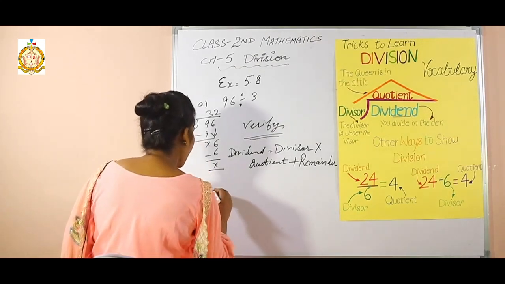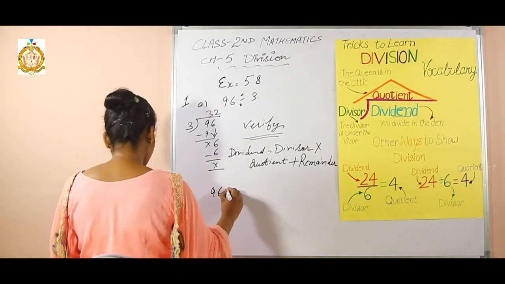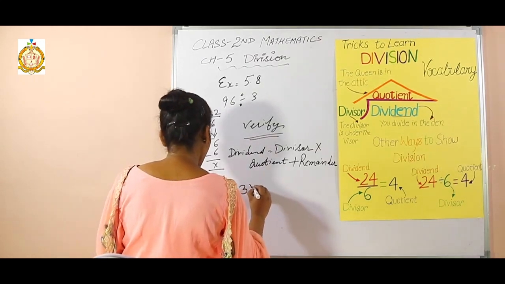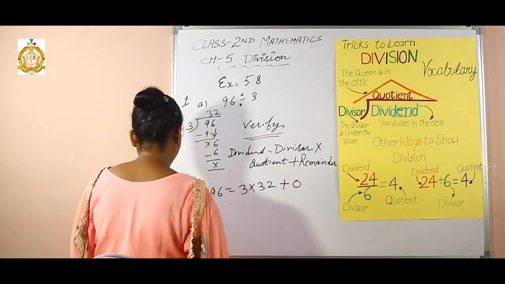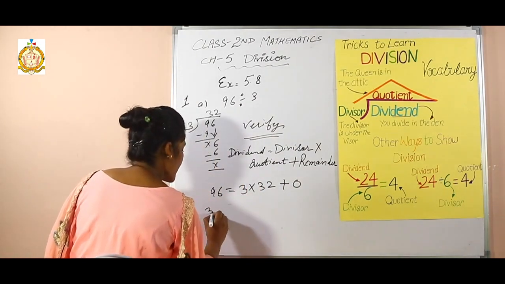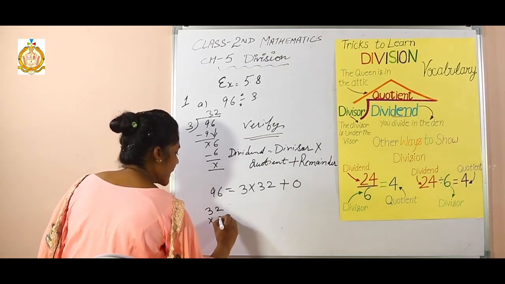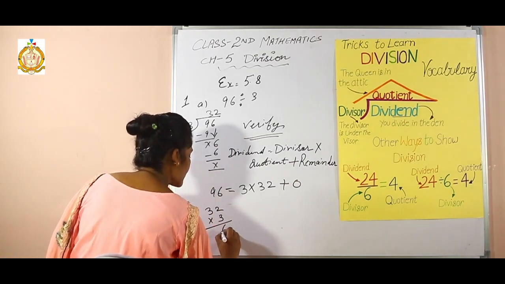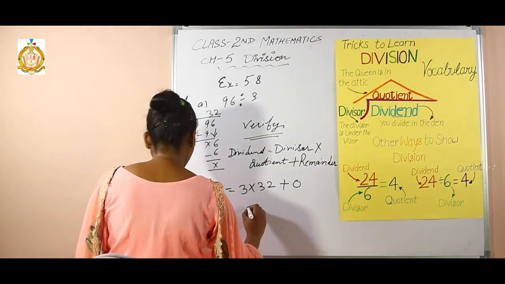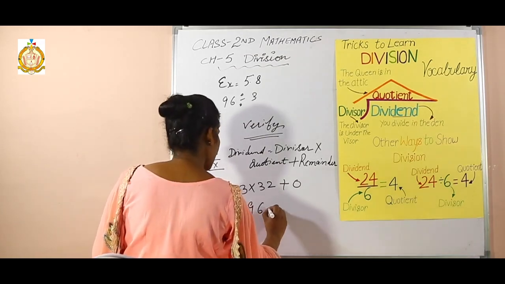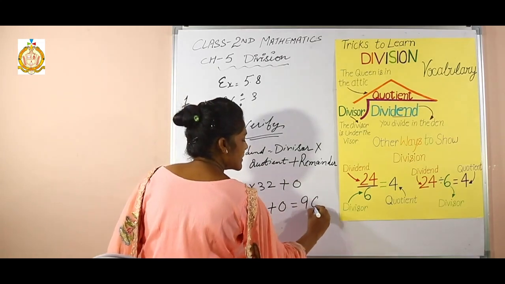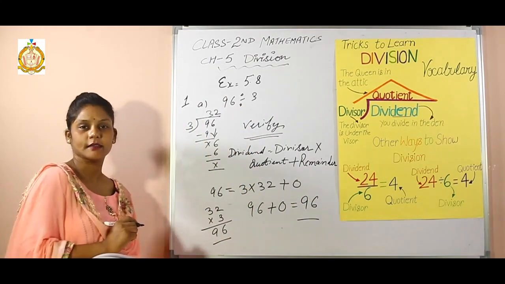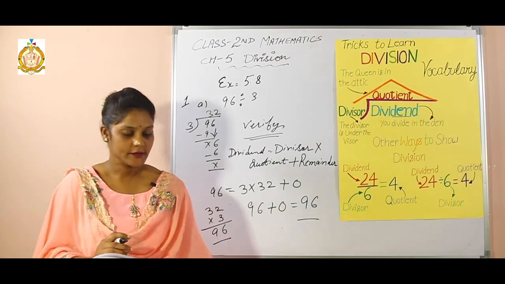So you should write here 96 equals 3 multiplied by 32 plus 0. 32 multiplied by 3: here is 6 and 9. So what is here? 96 plus remainder 0. So as it is, the same digits are there, 96. Clear?